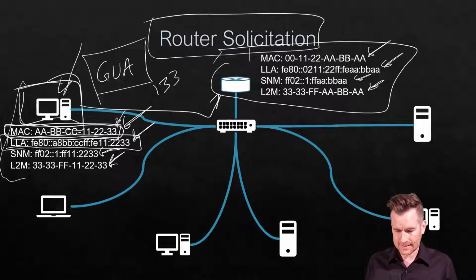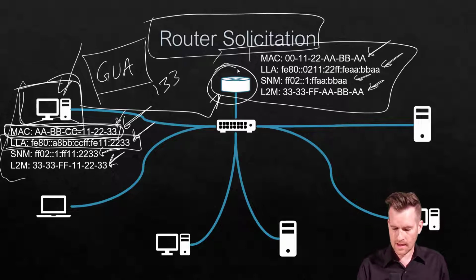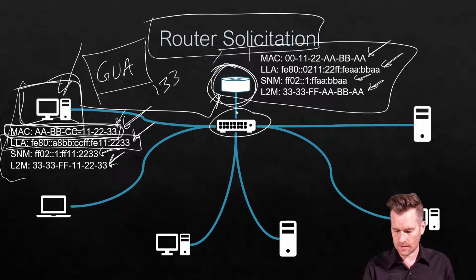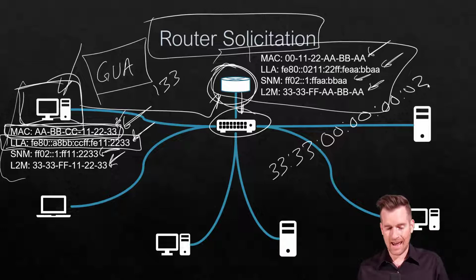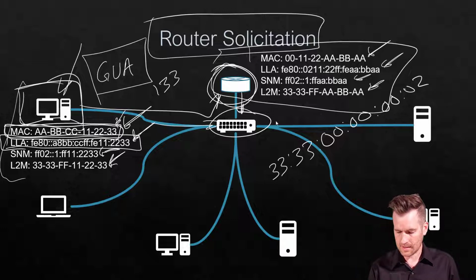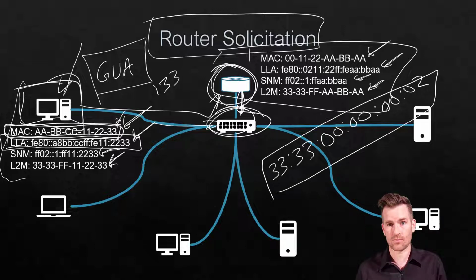And then the destination is going to be that multicast that we talked about that the router will join. So when this device was connected into the switch, it let the switch know that it is a router and it wants to join the 33:33:00:00:00:02. So whatever comes into this switch that's destined for that MAC address will be sent to this router.